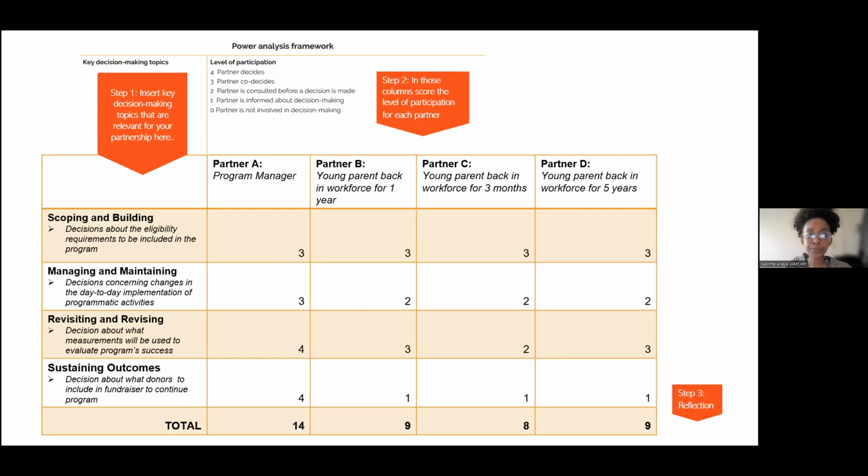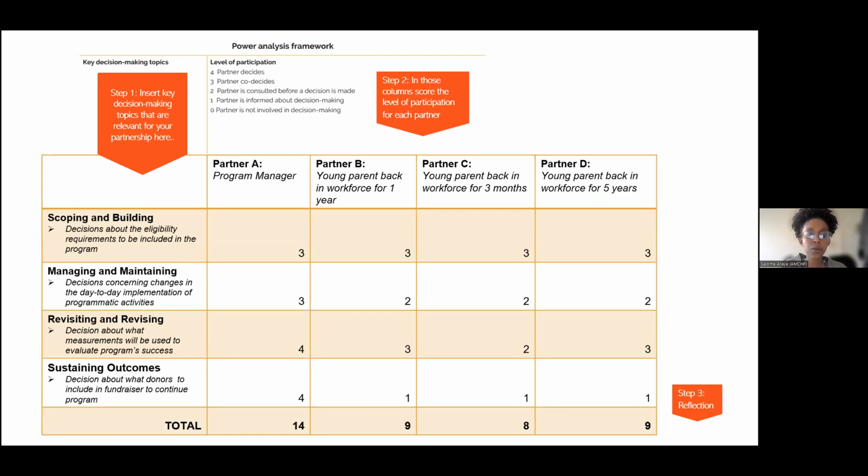And so when thinking about this and identifying this from our case study and working with young parents, we identified that we wanted to make decisions about eligibility requirements for participating, decisions concerning changes in the day-to-day activities or implementation of programmatic activities, and decisions about what measurements will need to be used when we're creating our evaluation to measure the success.